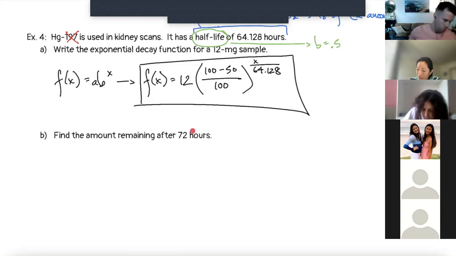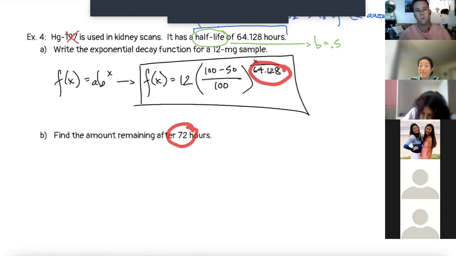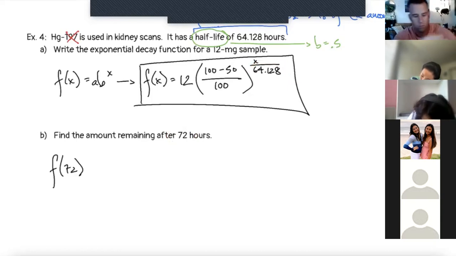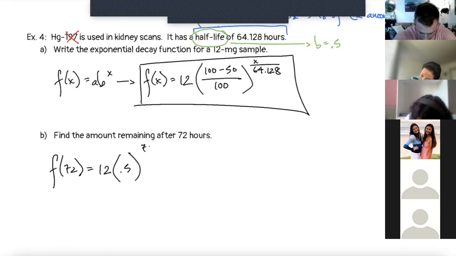Yeah, exactly. 72 is definitely more than one half-life, because one half-life is 64 hours, but it's not a full two half-lives. And so we'll find f of 72. We'll do 12 times 0.5 to the 72 over 64.128.